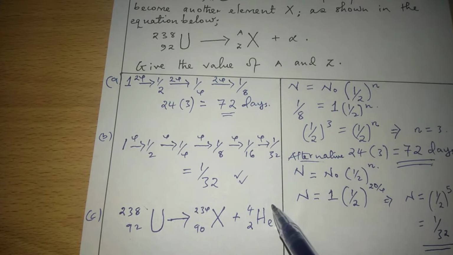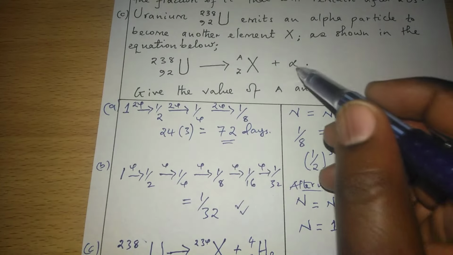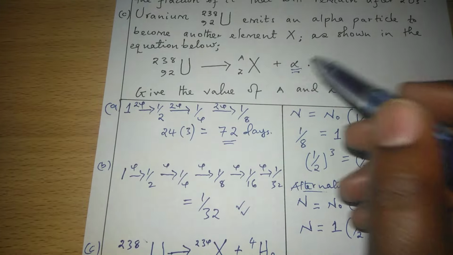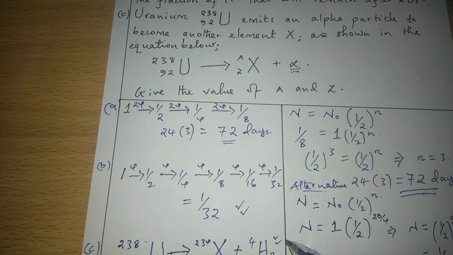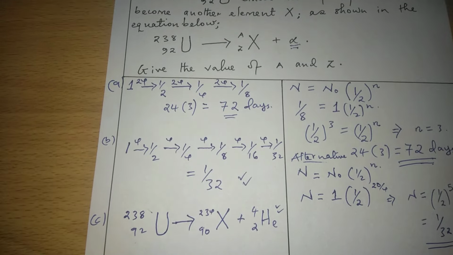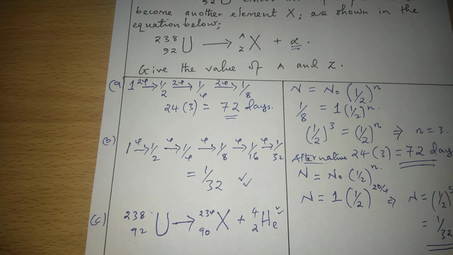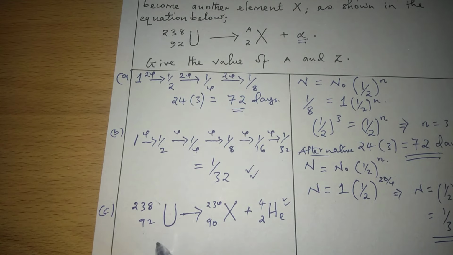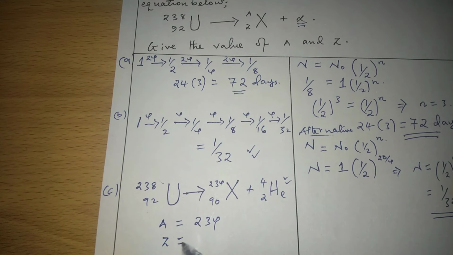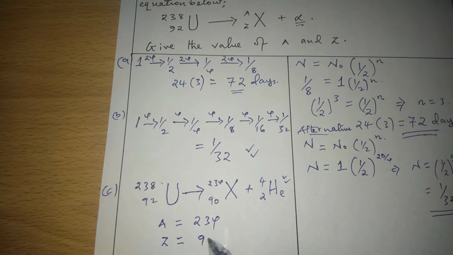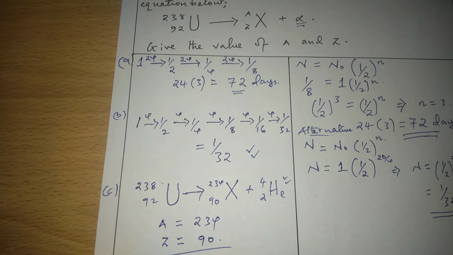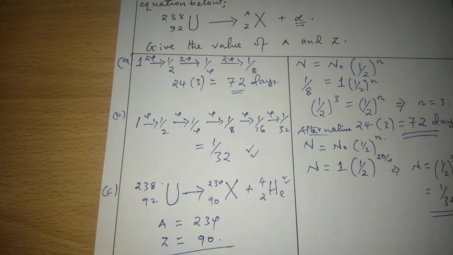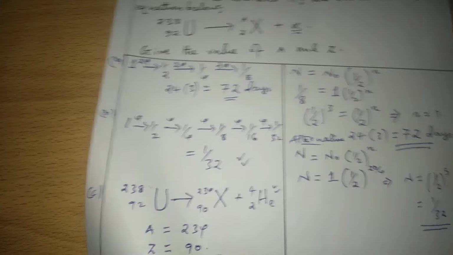A student must understand that losing an alpha particle means losing a helium particle, while losing a beta particle means losing an electron. So the two should be differentiated. This means A is equal to 234 and Z is equal to 90. So that is how we solve the nuclear equation and find the unknown values.